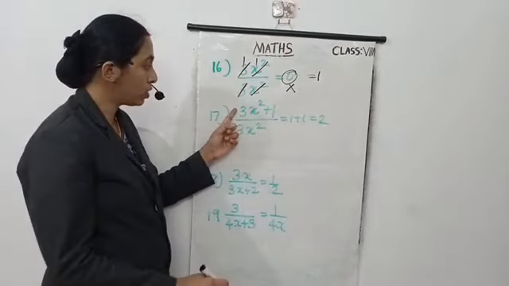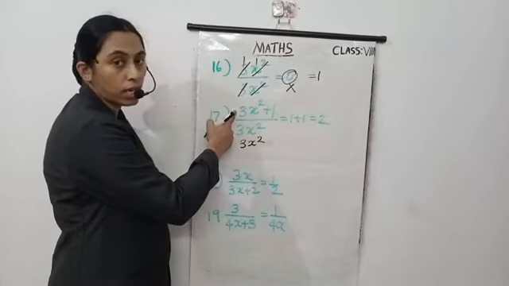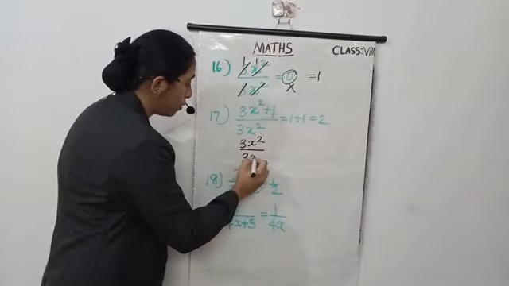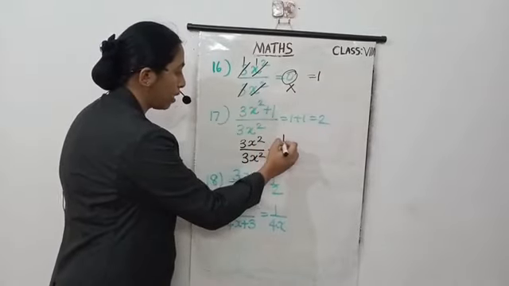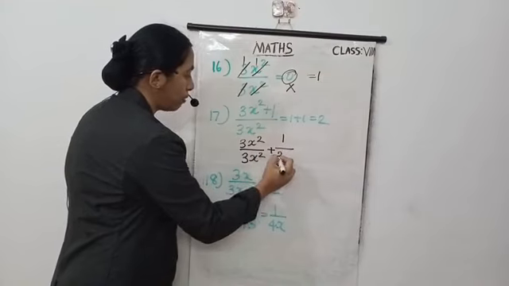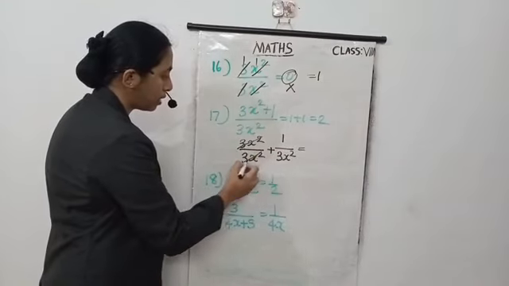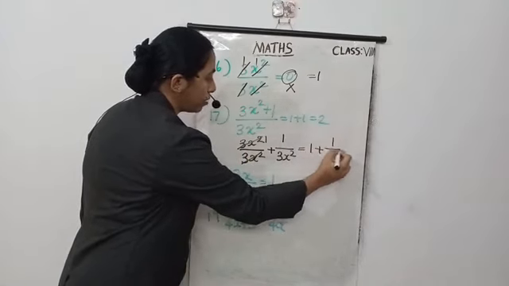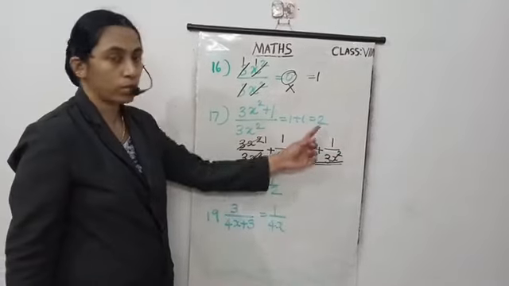So each term, so 3x square is the first term of this polynomial, by denominator 3x square, then put this plus 1, second term, by same denominator 3x square. So we can cancel 3x square by 3x square. Here we get 1. So this is 1 plus 1 by 3x square. So this is the correct answer, not 2.